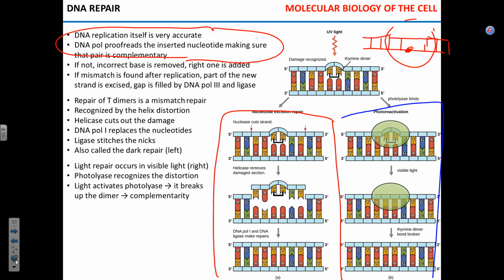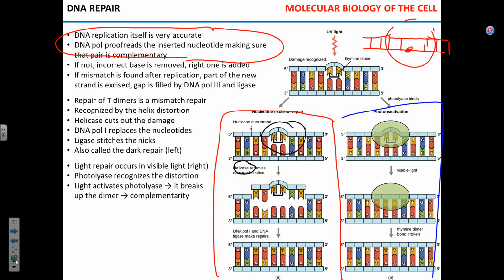So repair in the dark is fairly straightforward. We kind of discussed it already. The thymine dimer, illustrated right here, okay, is excised. And it's interesting what excises it. It's a helicase, the same enzyme that unwinds the DNA. As you can see, one enzyme may have several functions. Does that make sense?